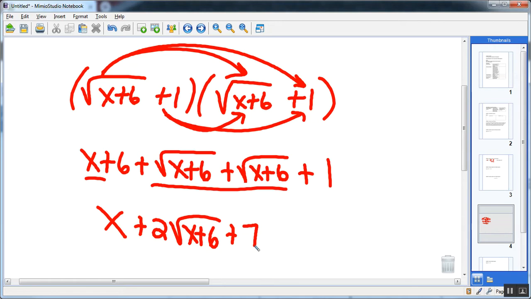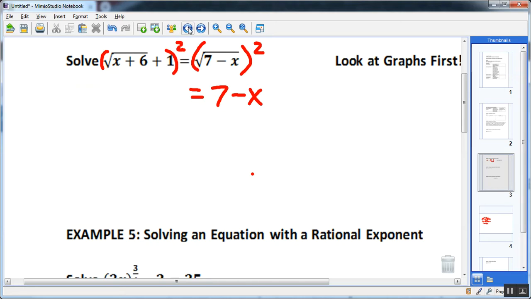So the left side is going to expand to x plus 2 root x plus 6 plus 7. So I'm going to put that on the left side here. This is going to be x plus 2 root x plus 6 plus 7.